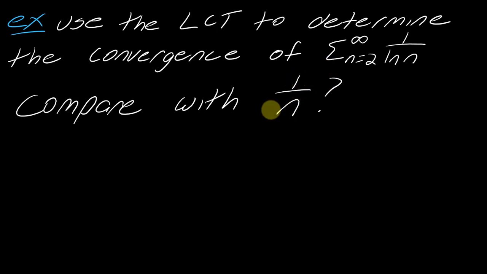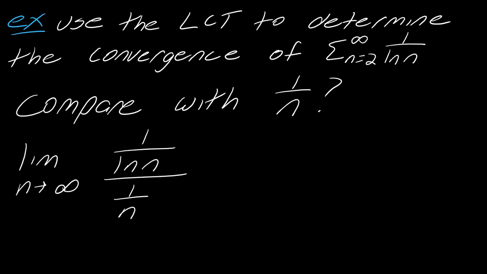Well, you know that this series is going to diverge, so we'll just remember that in the back of our head. So let's go ahead and set up the limit, which is going to be much simpler than the last one. So I've got my original limit divided by the limit that I'm comparing with. If I simplify what I've written down here, this becomes just the limit as n approaches infinity of n over the natural log of n.